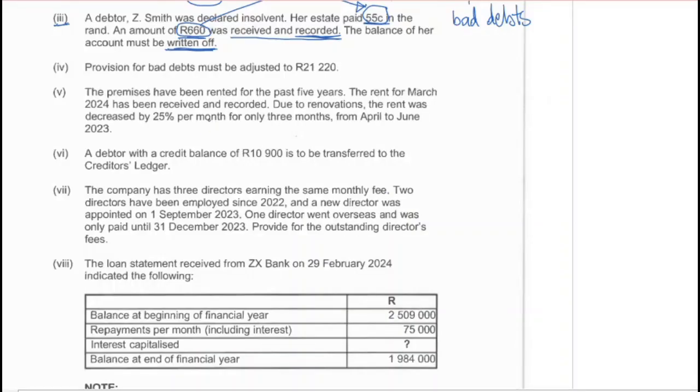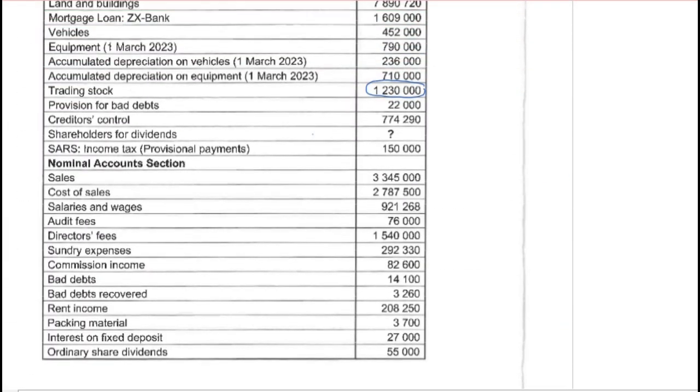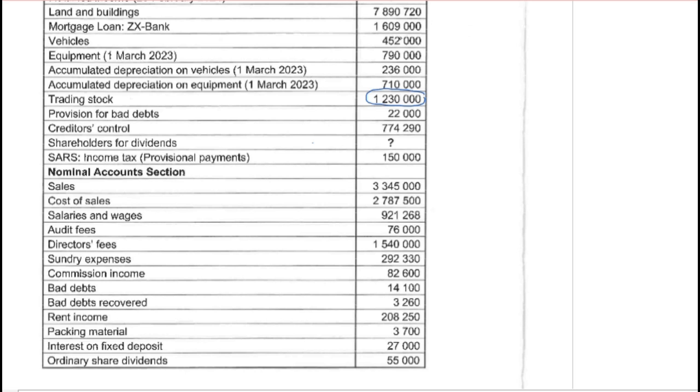Adjustment number 4 relates to the provision for bad debts. It states that the provision for bad debts must be adjusted to 21,220 rands. What is a provision for bad debts? A provision for bad debts is a negative asset which is meant to offset the debtor's control account, which is an asset.